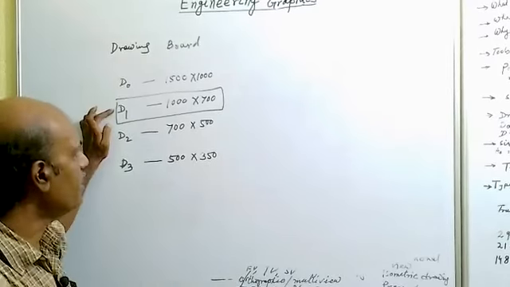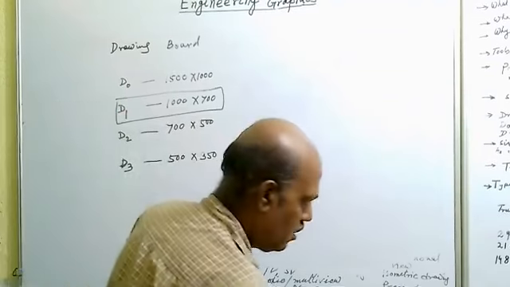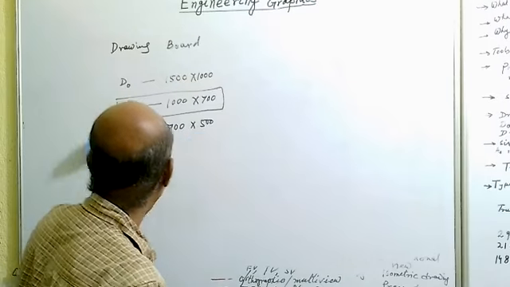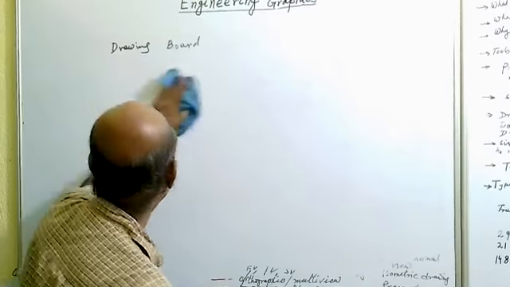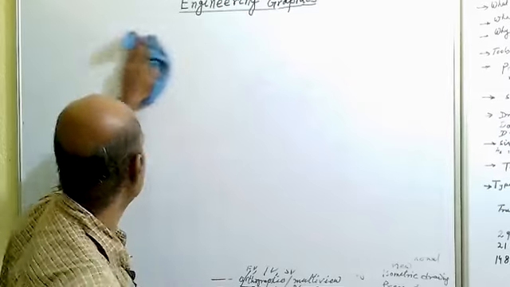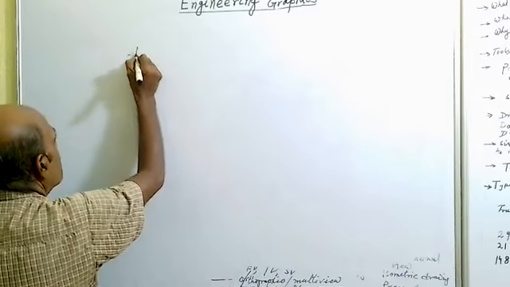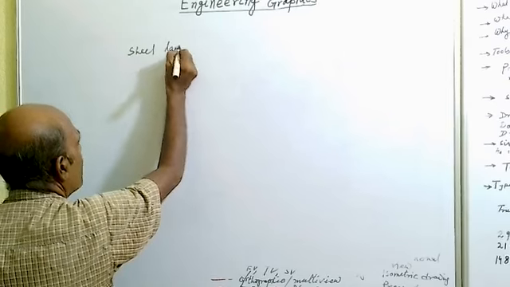So over the D1 size board, we will lay out this A1 sheet and we will start drawing. So sheet layout. So we'll see how to do the drawing sheet layout.